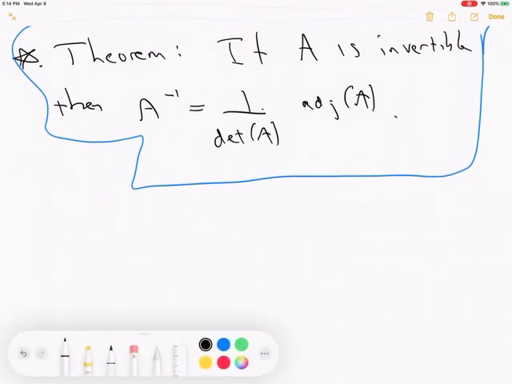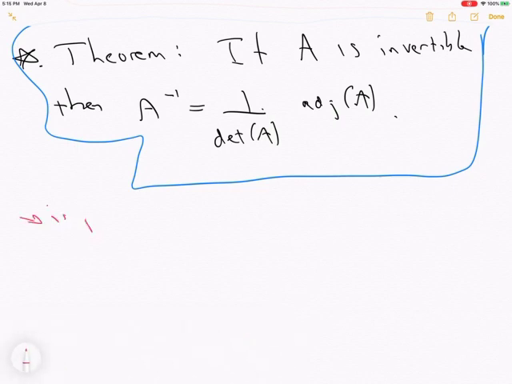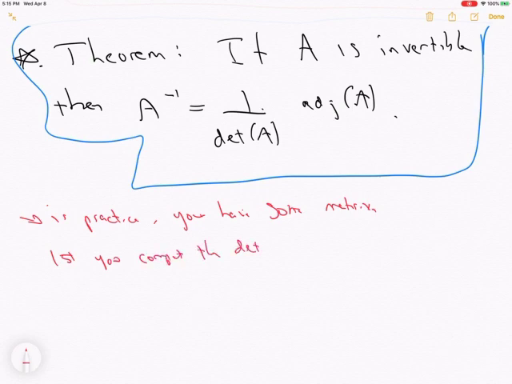So in practice, this is incredibly useful because in practice, you have some matrix, and so first you compute the determinant to see if it's invertible.